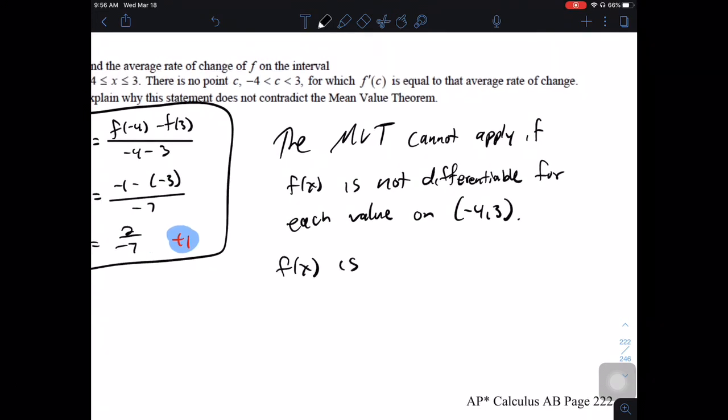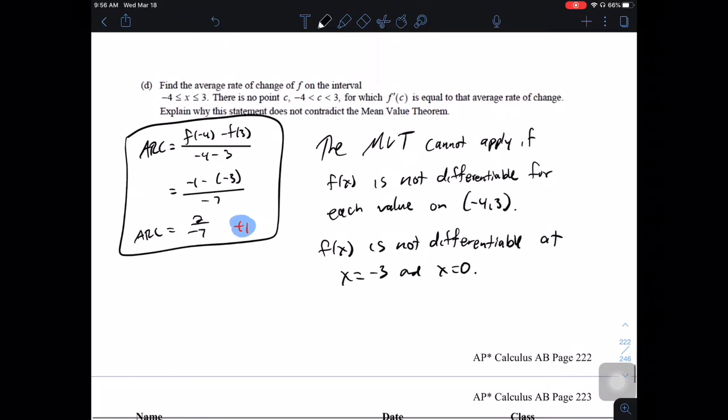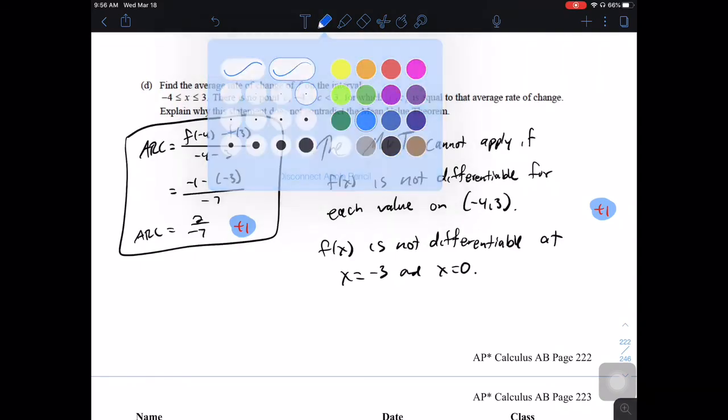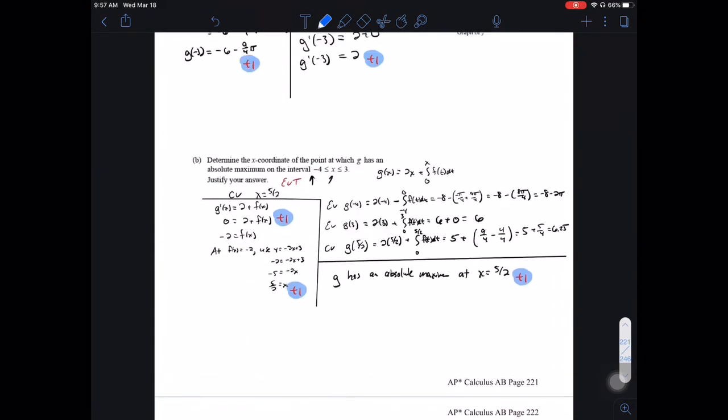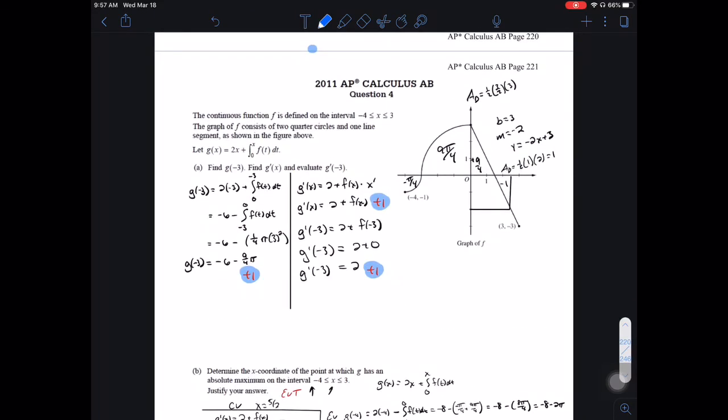F of x is not differentiable at x equals negative 3 and x equals 0. You'd probably get full credit for that just for saying one or the other, but I'm not 100% sure, so I'm just going to mention both. You get a point for saying that. All right, that concludes 2011 problem.